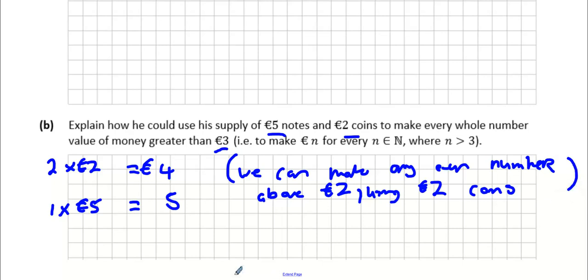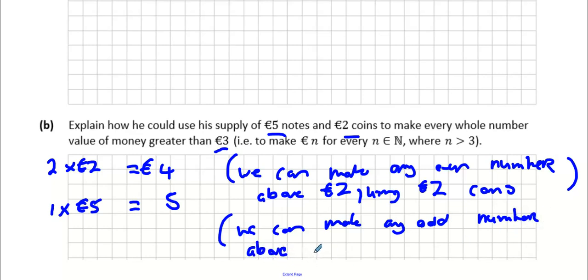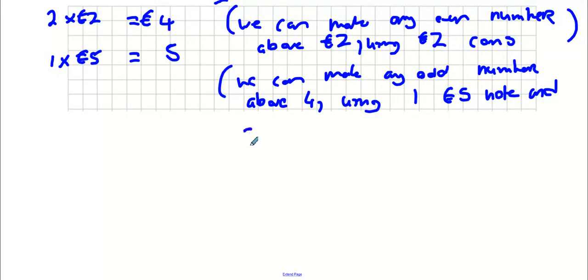Next thing we can say is we can make any odd number above 4 using 1 €5 note and any required amount of €2 coins.